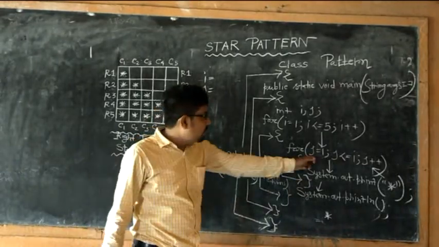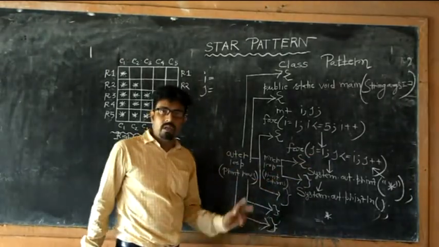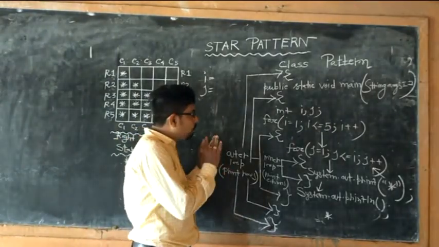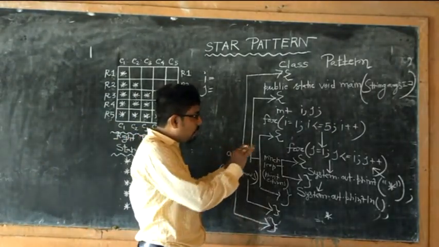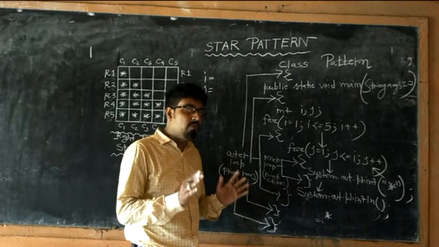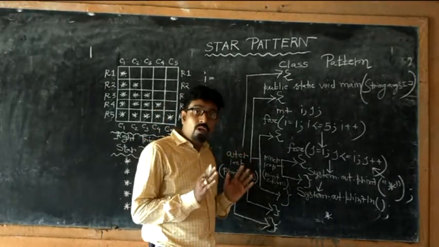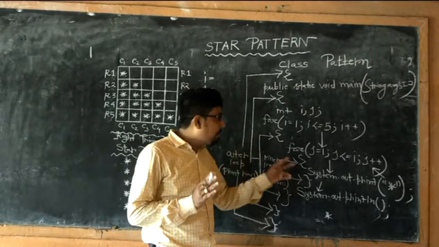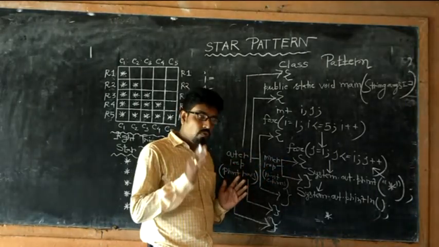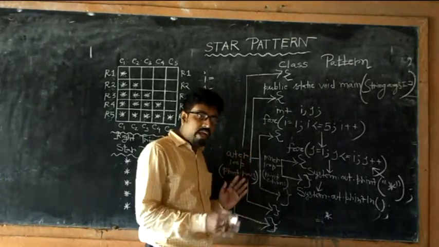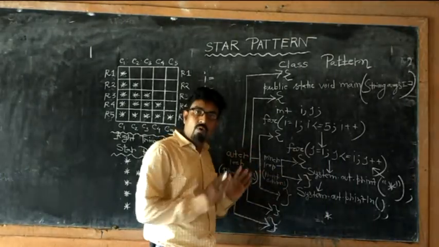I am using variable j to print the stars on the terminal. Now students, try to understand how both looping variables work inside the program. This is the original logic which helps you to print the star pattern program.